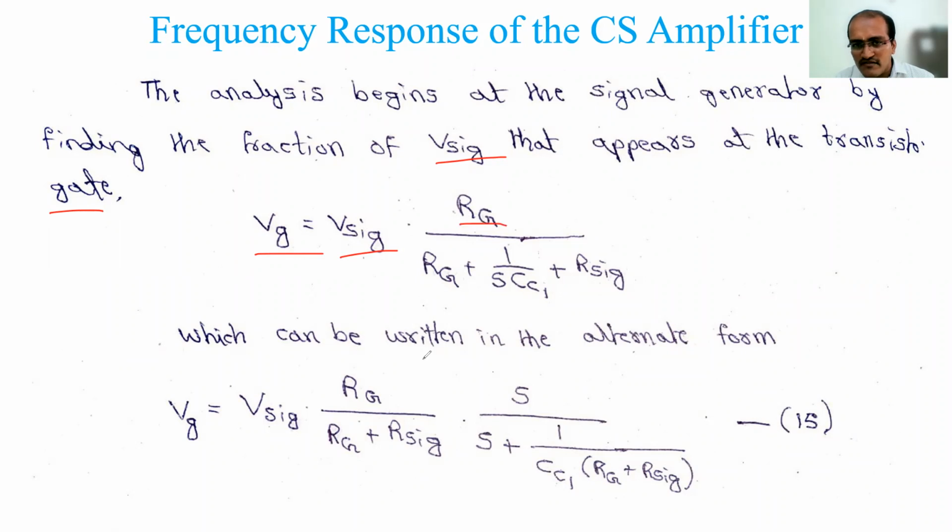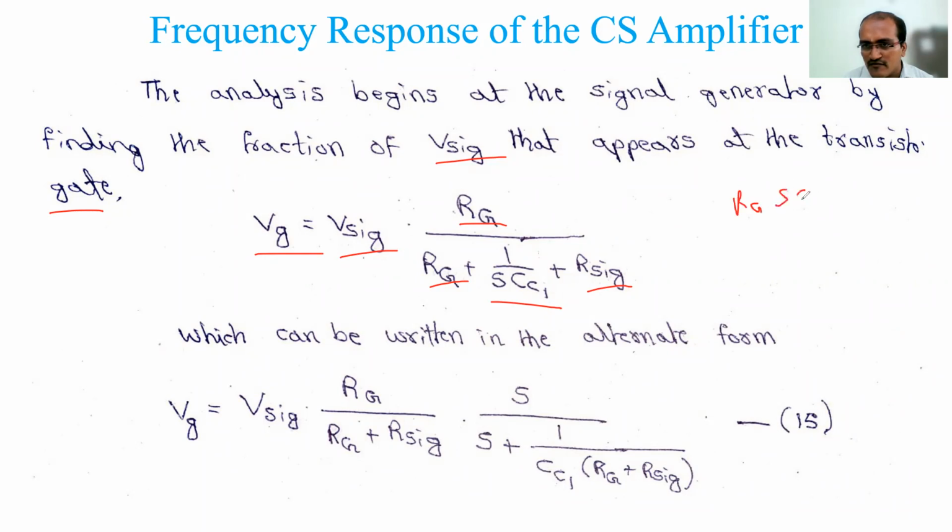What is the total resistance? In the previous case you used to have RG plus R signal only. Now what you have is the capacitor in its Laplace form, which is 1 by SCC1. Now this can be taken with LCM, and if you write that, you are familiar now. When you write the LCM here, in the numerator you will get RG into SCC1 coming.